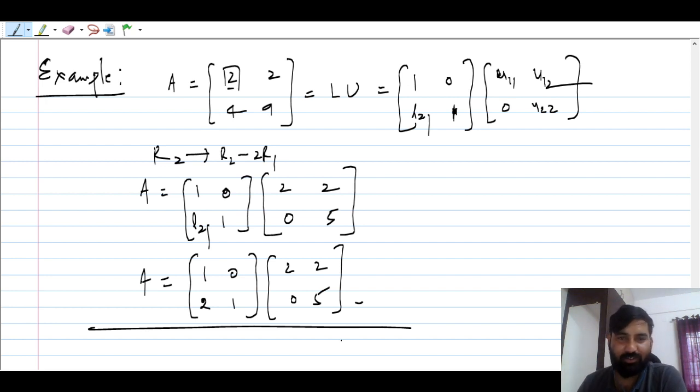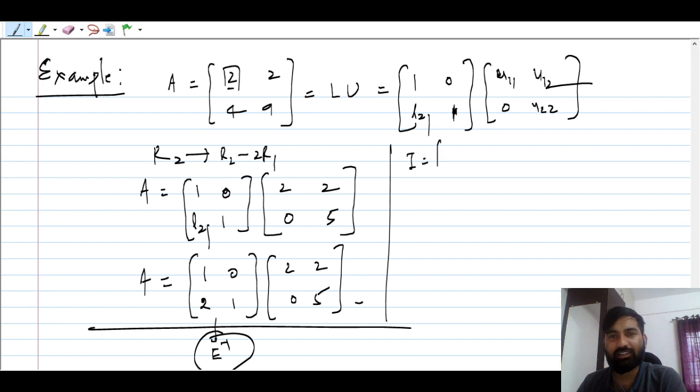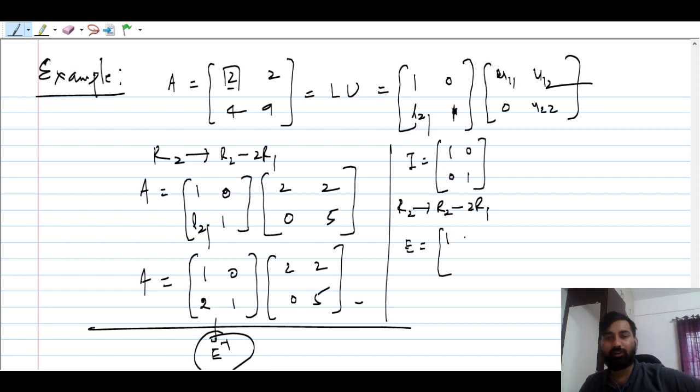या कि आप ऐसा भी कर सकते हो कि if you want to get this E, this is nothing but E inverse, remember. तो I है, I is nothing but 1 0 0 1. Now apply the row operation, -2 times of R1, so you will get E. Okay, E. So here it will be 1 0 only, and this is going to be -2, right?